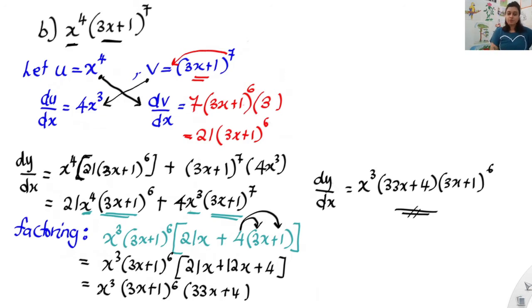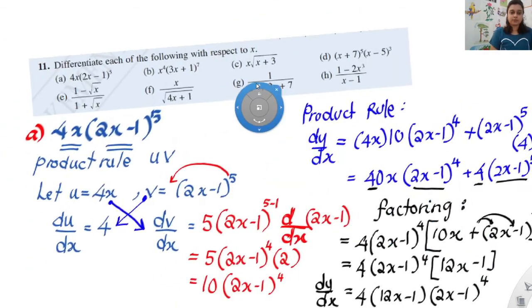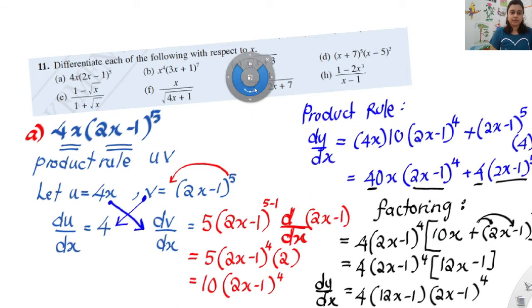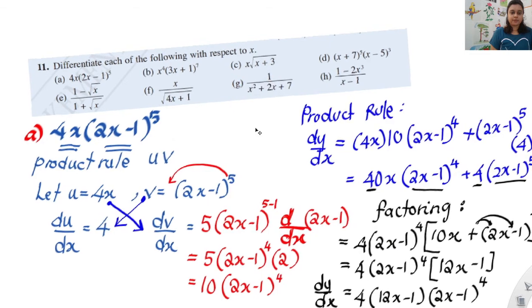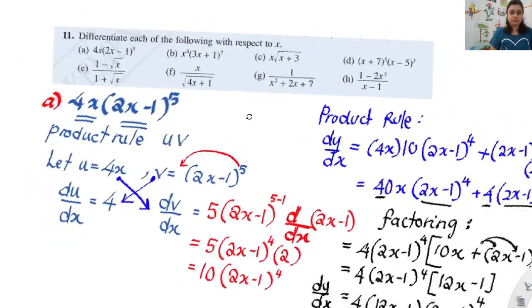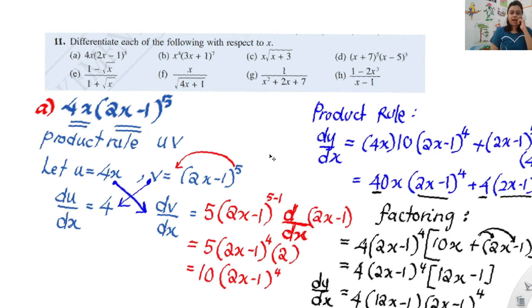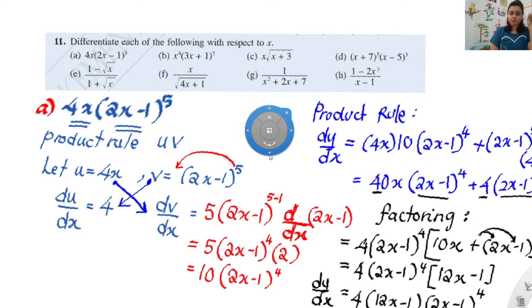Now we go to the next question, C. Let me see what the question is. Question C, this one. x square root of x plus 3.